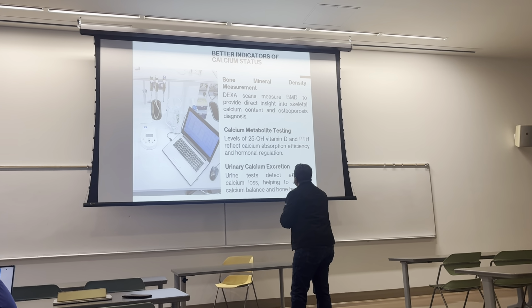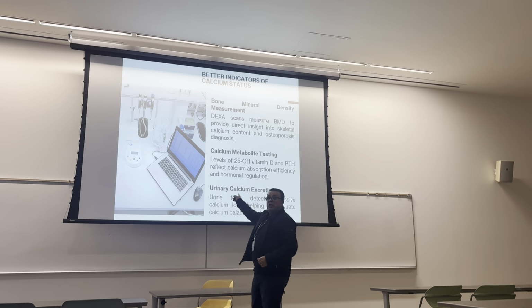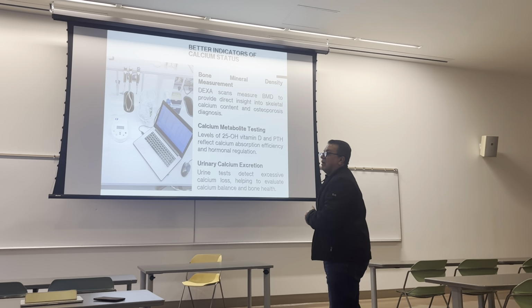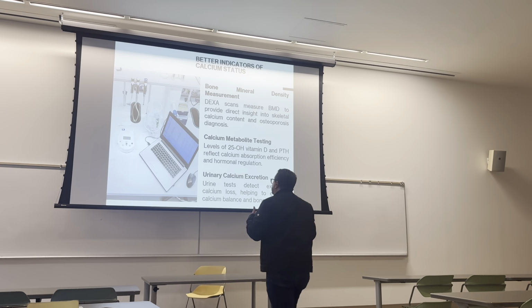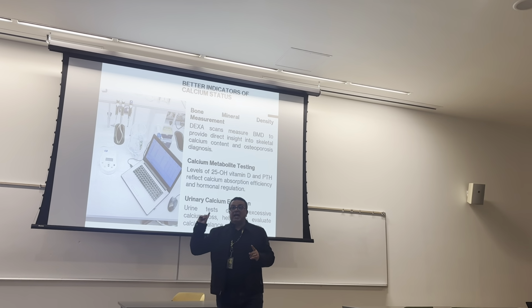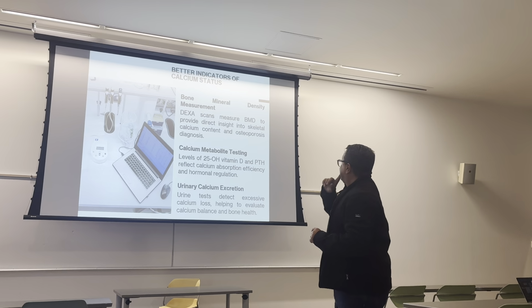Urinary calcium excretion: a urine test detects excessive calcium loss, because earlier we said that he or she is having a kidney problem, so too much of the calcium is escaping in the urine. So here I can depend on a number of tests.